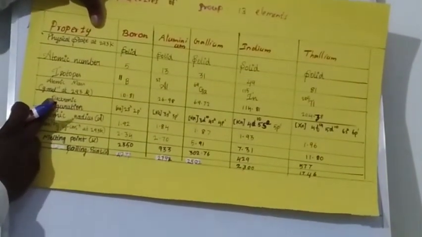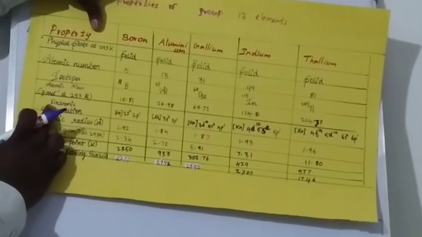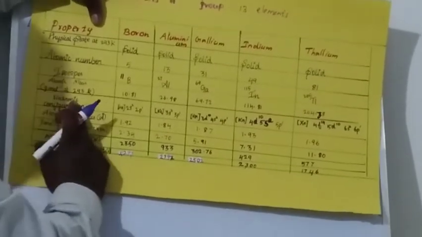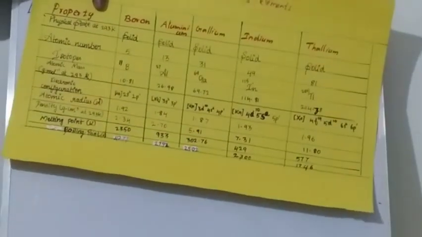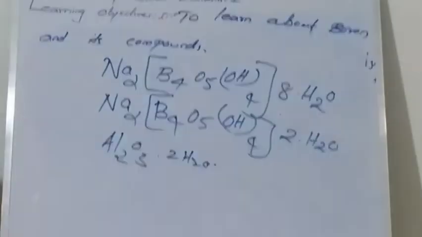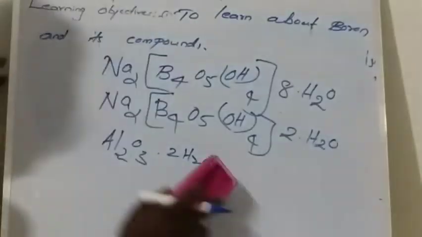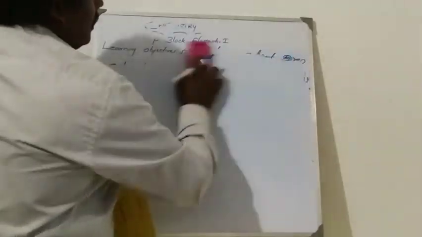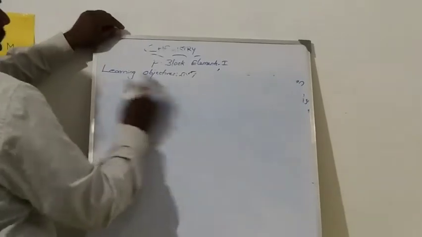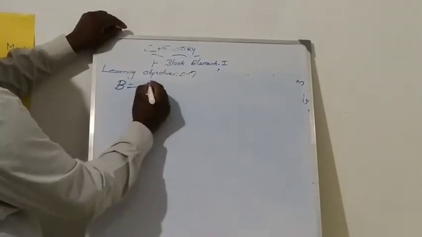Electronic configuration. Here there is a short form of electronic configuration. This is very, very important. How to write the short form. For example, boron, the atomic number is 5.